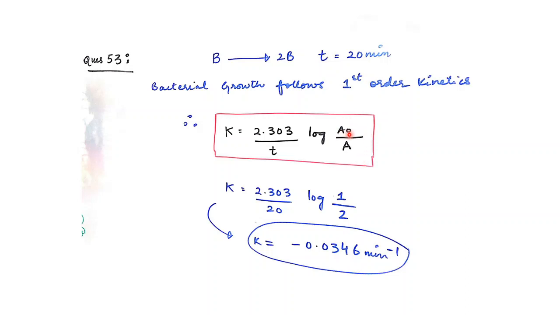So we can take the value of a naught as 1, and the value of a as 2.